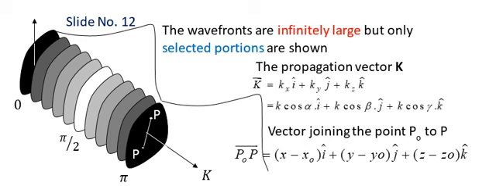The lower point is P0 and the upper point is P. The upper point P can take any value, so its coordinates are x, y, z, whereas the lower point P0 has fixed coordinates x0, y0 and z0. So we have written a vector joining P0 to P, and the vector is (x minus x0) into unit vector i plus (y minus y0) into unit vector j plus (z minus z0) into unit vector k. Now you know that this vector P0P is perpendicular to the vector k.